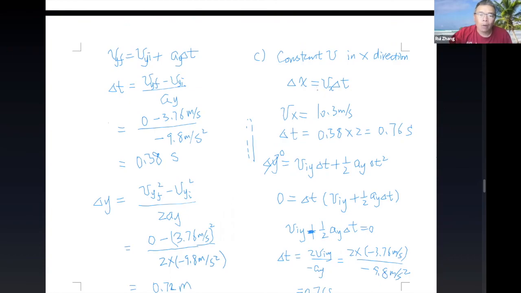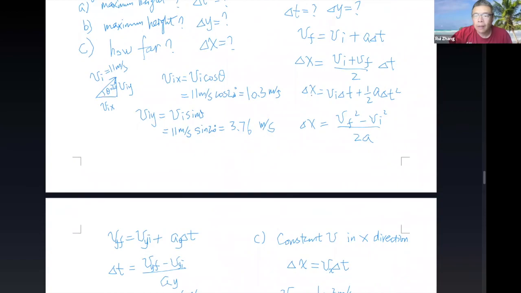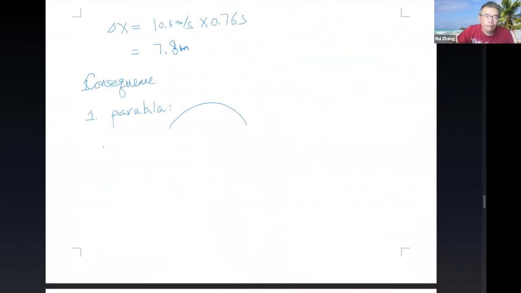Let me use this formula here. For the y component, you have delta y equals VIY delta t plus 1/2 a delta t squared. Maybe this is probably too complicated, so let's do another one.